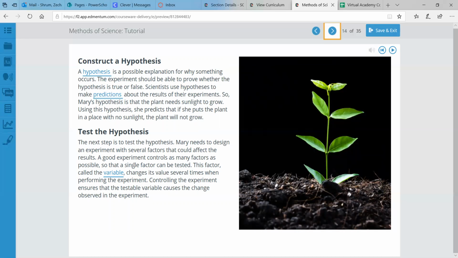So the water, the temperature, the type of plant, right? How tall the plant is starting out, that all has to be the same. So you know that the one thing you're investigating is the thing causing change.